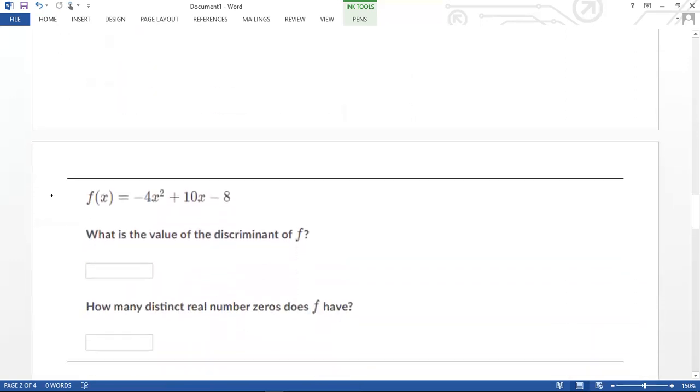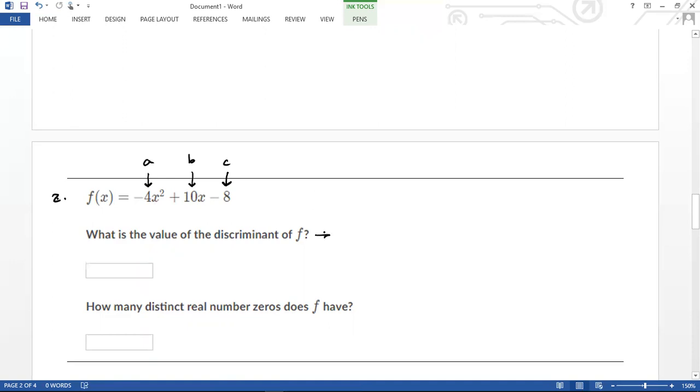Okay, number 2, what is the value of the discriminant of f? Well, we need our a, b, and c. So we know this here is a, this here is b, and this here is c. Just make sure the equation is in order of decreasing exponents: the x squared is first, the x is second, and the constant is third.